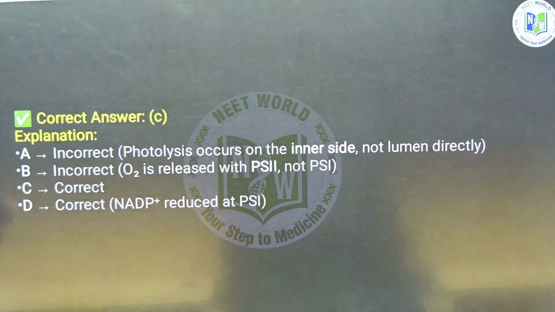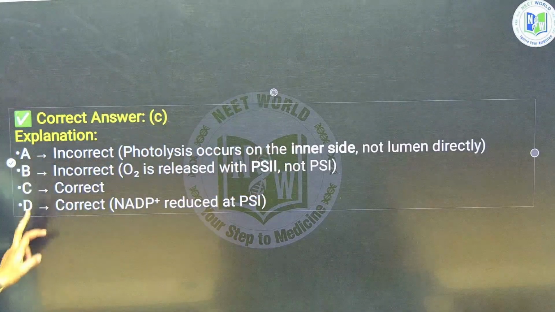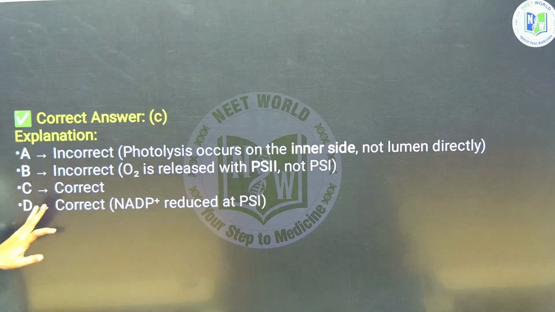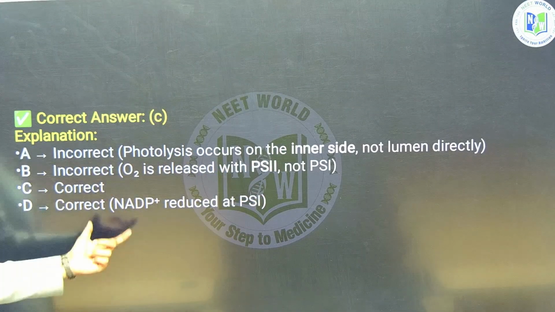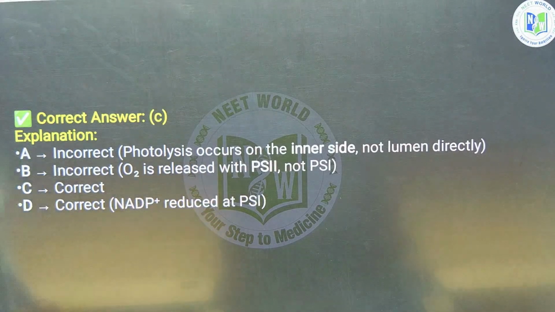Look into the answer also once. It occurs on the inner side of the thylakoid membrane, and B is incorrect because it is associated with PS2. C will be correct and D is correct because NADP is reduced at PS1 only by the enzyme.